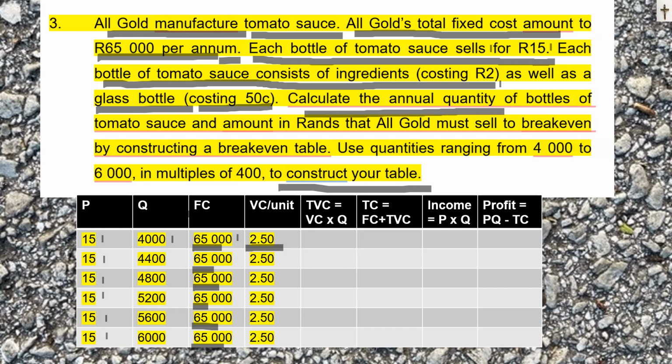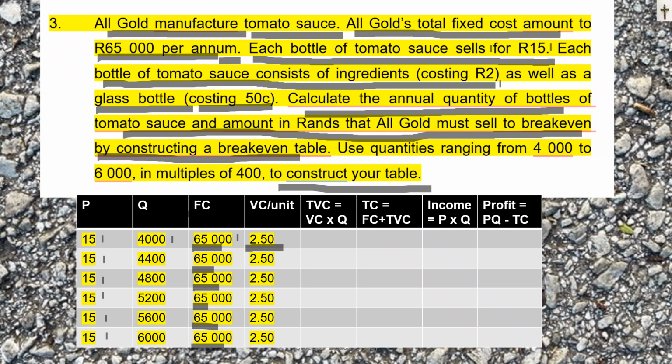Calculate the annual quantity of bottles of tomato sauce and amount in rands that All Gold must sell to break even by constructing a break-even table. Use quantities ranging from 4,000 to 6,000 in multiples of 400.